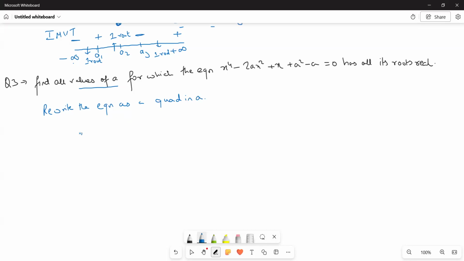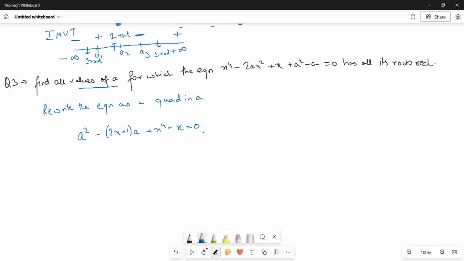Okay, rearrange karo. So we'll write it as a square minus (2x square plus 1) a plus x power 4 plus x is equal to 0. So this is a quadratic in a.